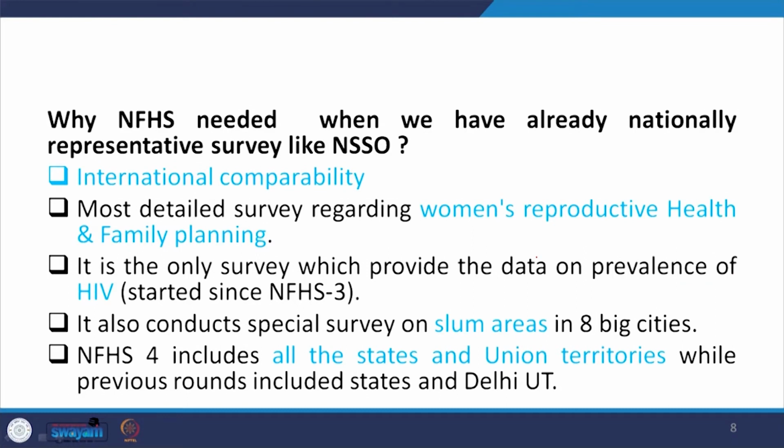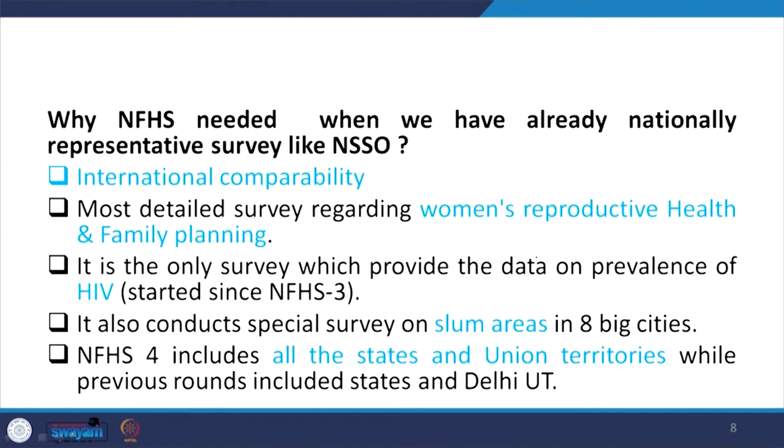And I will show you those data sets, how you can go through them and how you can find the comparability. So, for the most detailed survey regarding women's reproductive health and family planning, there is no such database in NSS which gives detailed observation on women's reproductive health and their family planning.